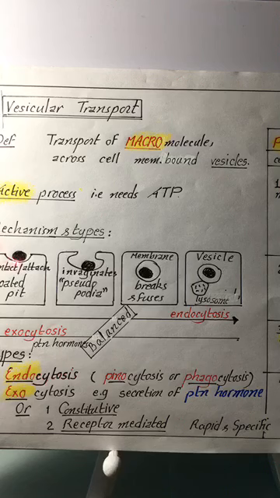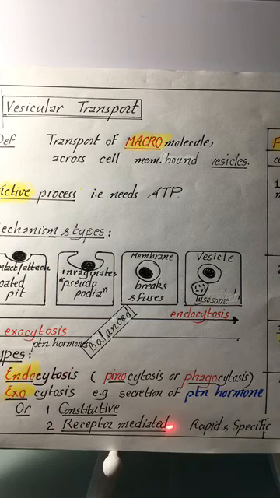If the pit has receptors, we call it receptor mediated. If the pit has no receptor, we call it constitutive vesicular transport. The receptor mediated definitely will be more specific, because the receptor site can unite only with the specific substances, as we explained with the carrier protein, and it will be more rapid.